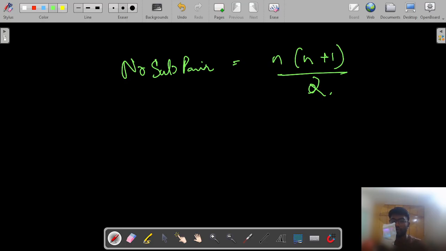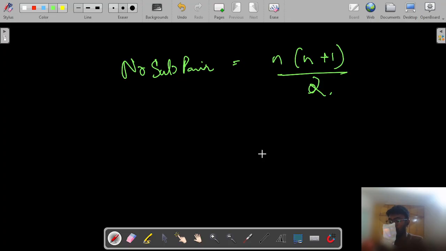So this problem is asking us to remove the subarrays where the conflicting pairs array values come into picture. So we need to remove all the invalid subarrays from the total number of subarrays.